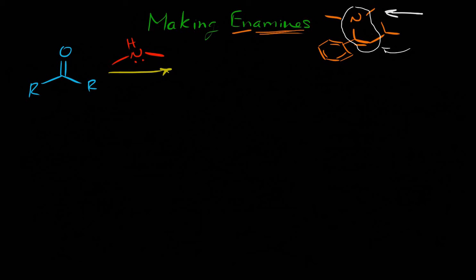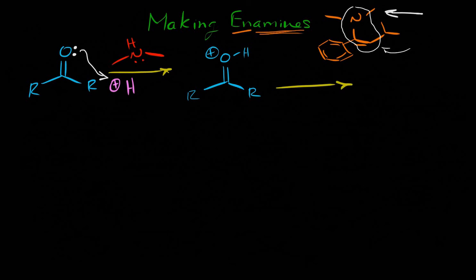Okay, and again, similar to the imine mechanism, we use some acid to get this reaction started. So the only thing basic here is that lone pair of electrons on our carbonyl, so it'll pick up that proton. When it happens, we now have a protonated carbonyl that now makes our carbon very delta positive.